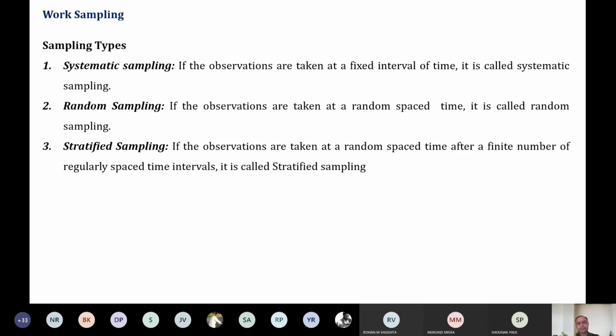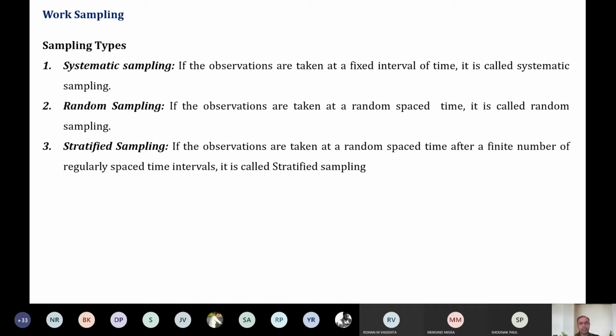Like for example, you know the electricity bill in Tamil Nadu is taken once in 2 months, they measure the current consumption of your house. So the duration is 2 months. For every 2 months, the reading of your electrical consumption is measured. So that is called systematic sampling.